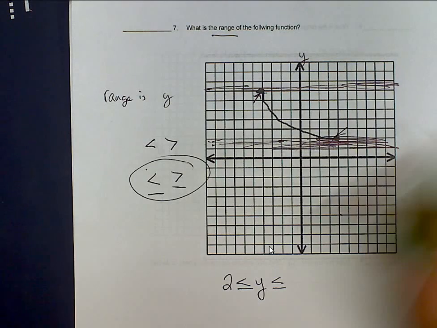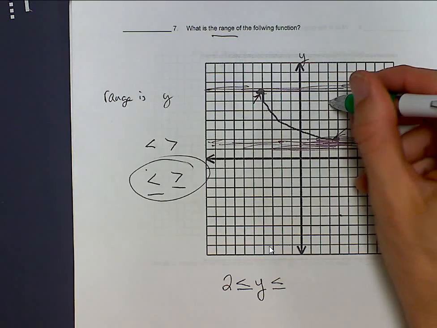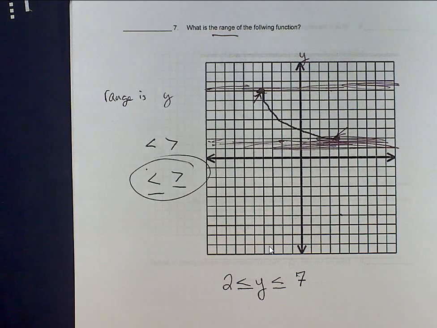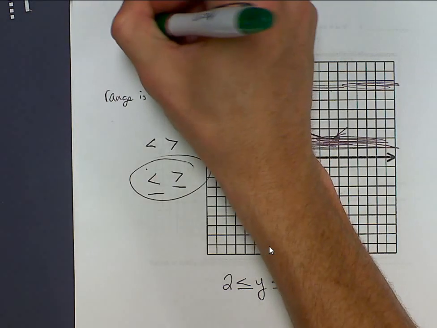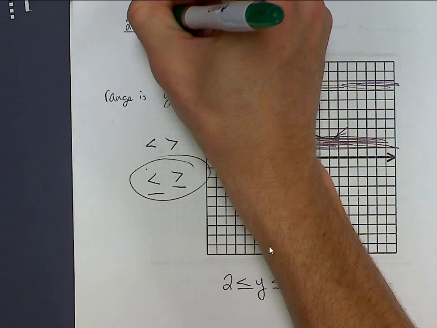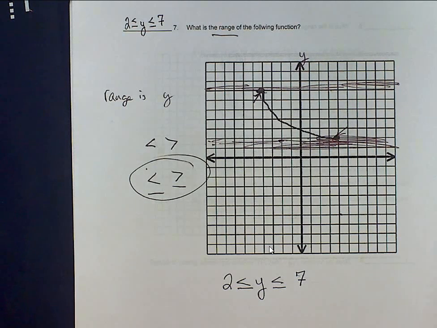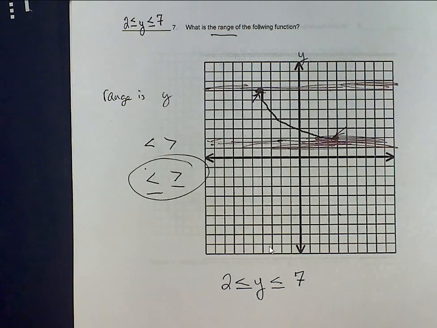What is my biggest y? 7. So my range is going to be 2 is less than or equal to y, which is less than or equal to 7. Remember, range is y's. That's what you need to know.